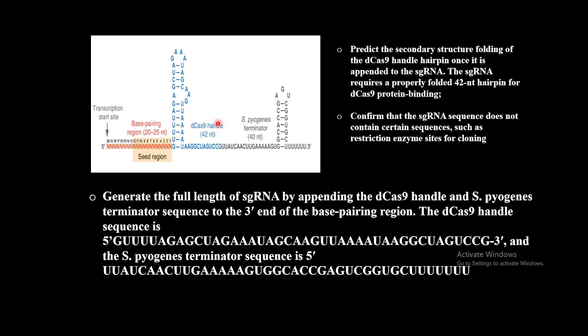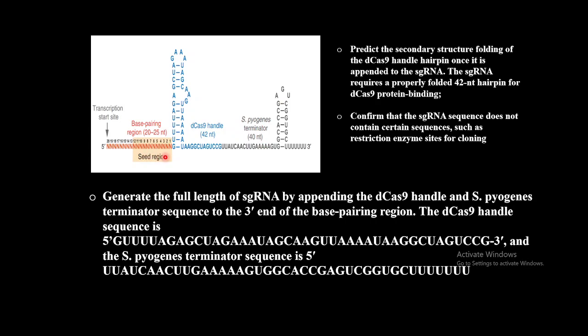So both of the nuclease domains, which are the RuvC domain and the HNH domain, are mutated, so it can recognize the PAM sequence, but it cannot cleave the target strand. And this is your terminator sequence, which is required for the termination of the transcription. Basically this sequence is isolated from Streptococcus pyogenes. So this is the Streptococcus pyogenes terminator sequence.